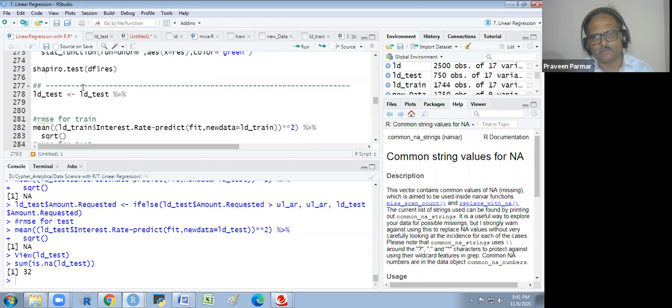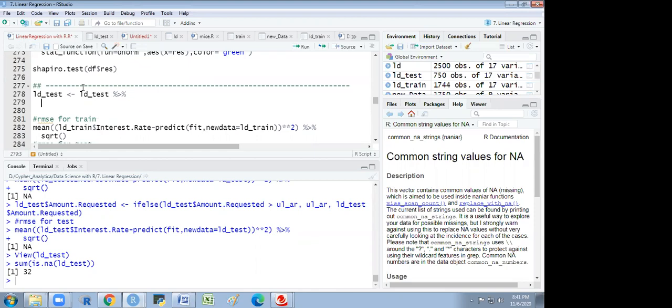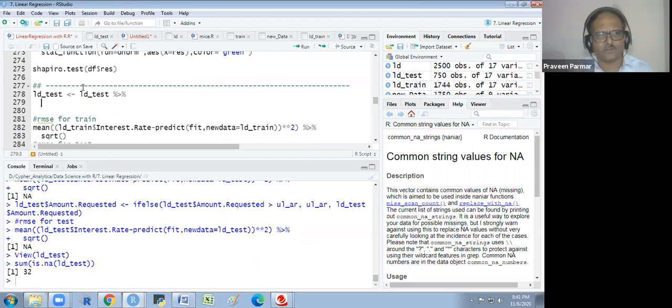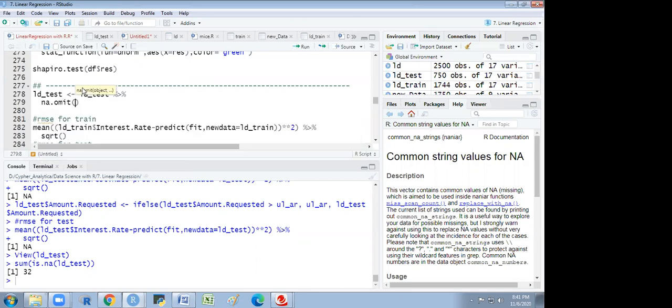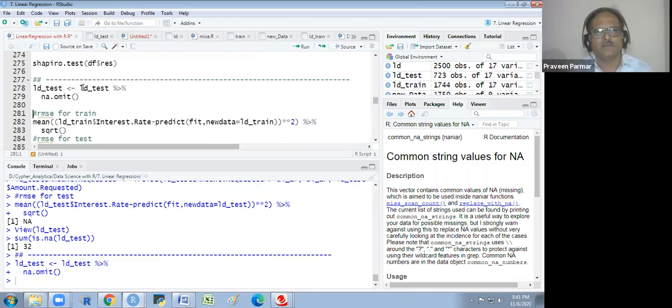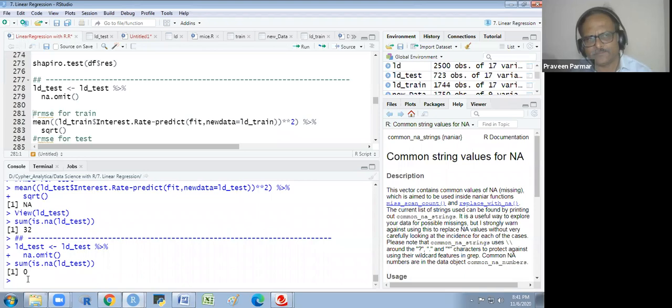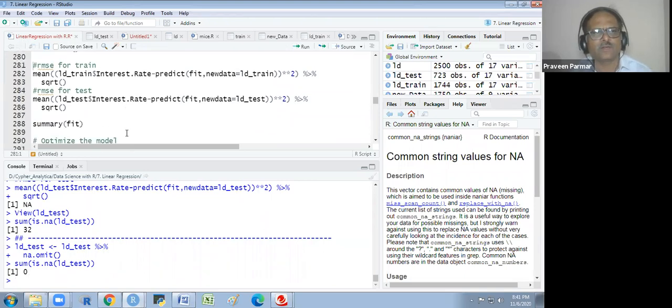All the NAs: na.omit. Keep it blank. Now I will show you again how many NAs there are. So there is no NA. Now I think it should work.